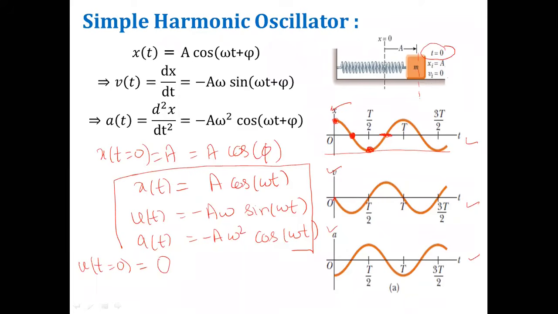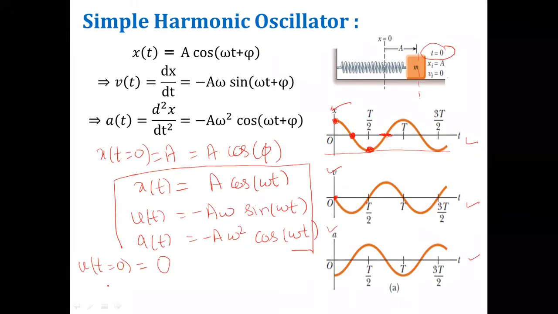But for velocity, when you start with 0, that's when the other values of t become important, because from here you can go upward or you can go downward also. In which direction you are going to move, you can figure out by plugging in other values of time.